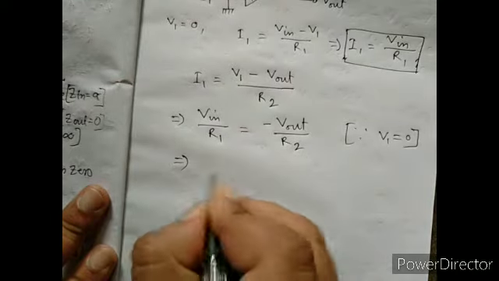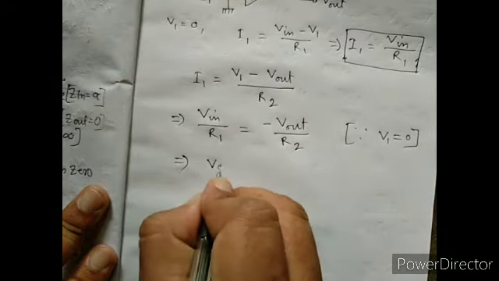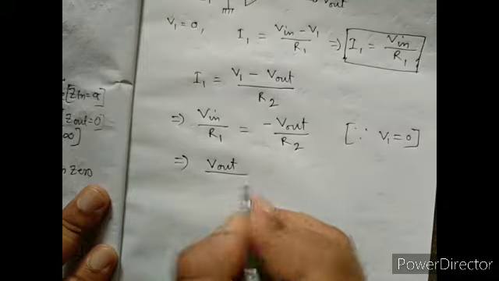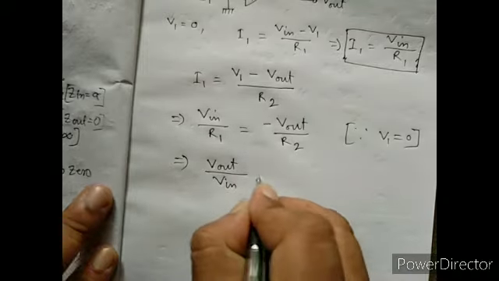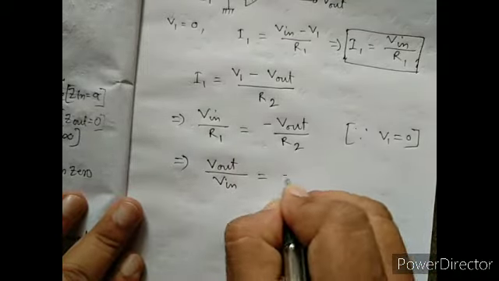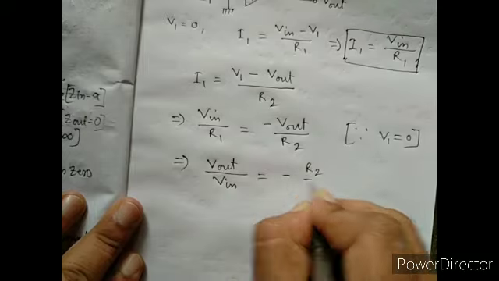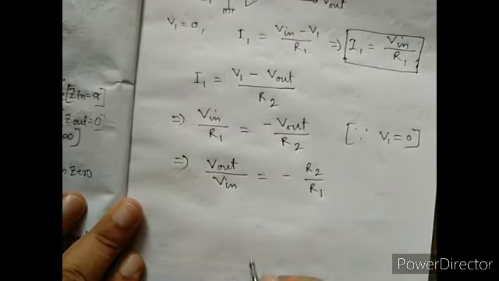So you can write V out by Vin equals to minus R2 by R1.